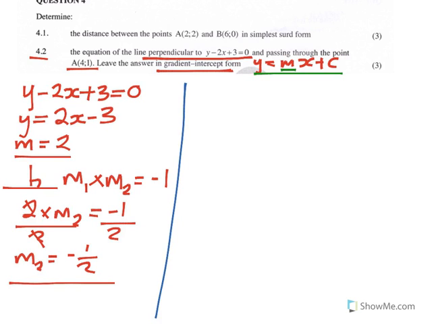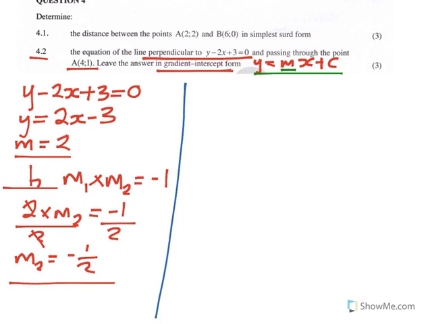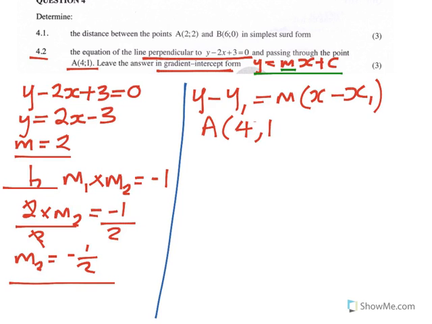If I can divide here to get more space. Now, because we have the gradient of the perpendicular line, we come here to the formulas. You can see there is this formula: y minus y1 is equal to m(x minus x1). That is the equation of a straight line, so I'm going to use that equation. Now we have got a point A. Remember, the point A is (4, 1). So if I take that point A as (4, 1), this will be my x1 and this will be my y1.